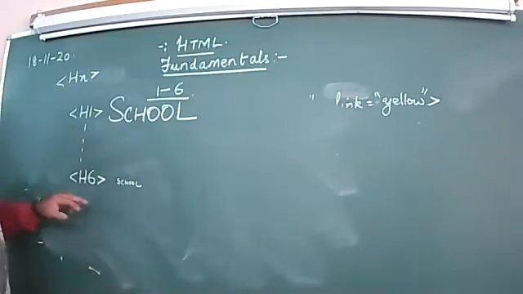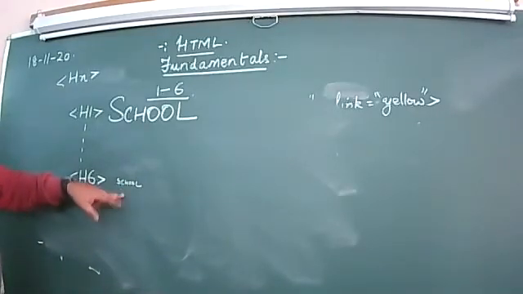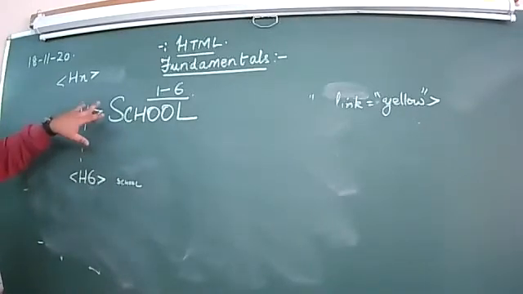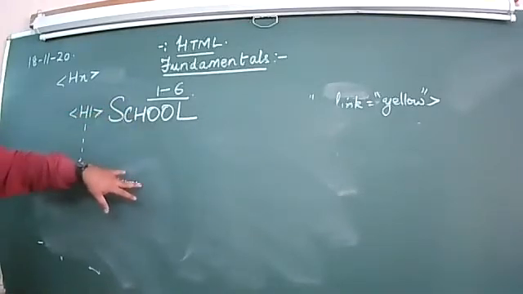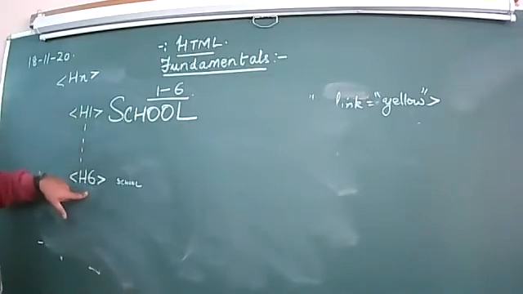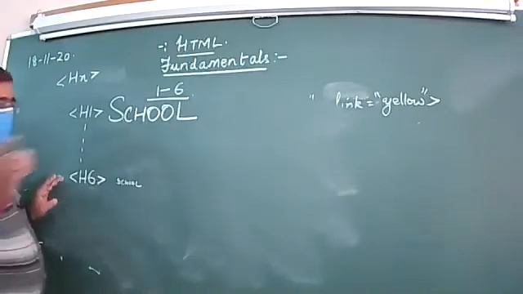Right? And many times in the pre-board this blank has come: dash is the highest heading element and dash is the lowest heading element. H1 is the highest, H6 is the lowest. Now the problem which can arise here.